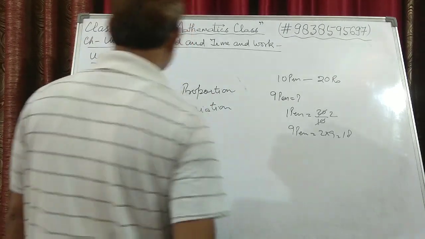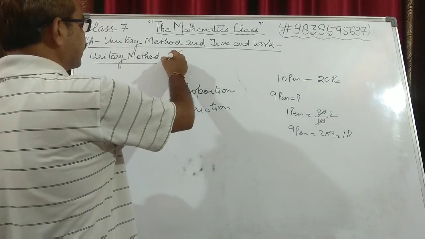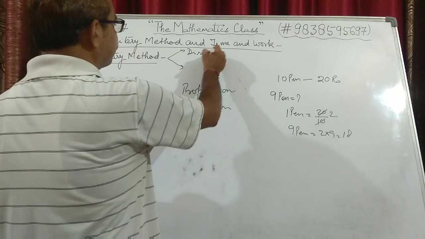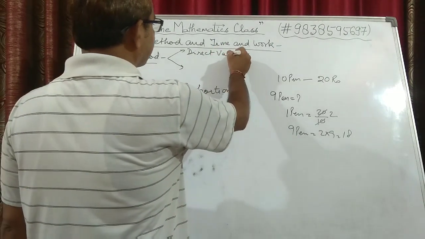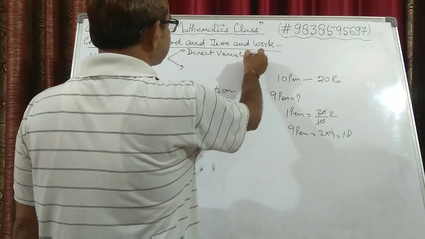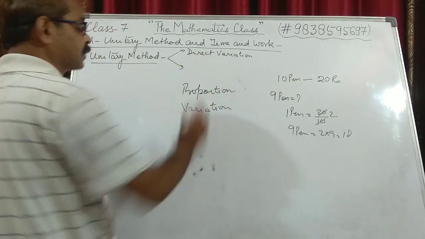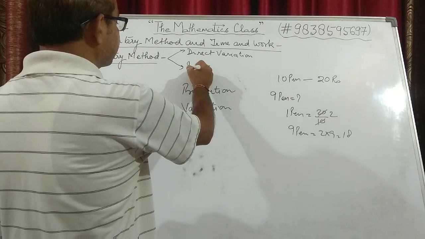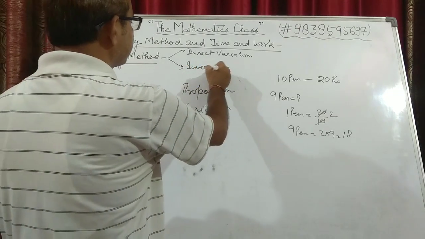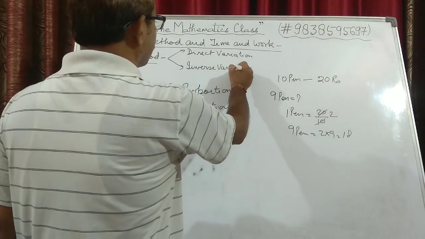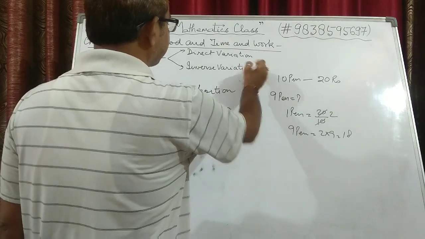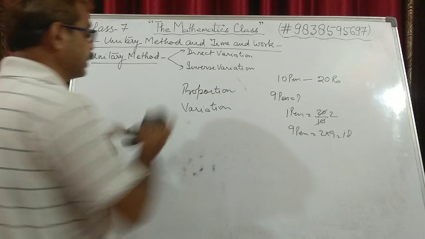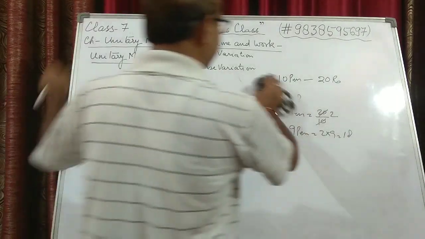These two types are, first direct variation and second inverse variation. Now what is the meaning of direct variation and inverse variation? That I will be explaining with the help of one example.